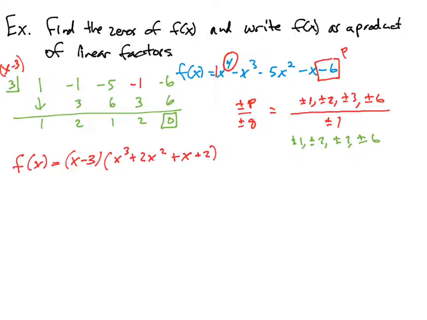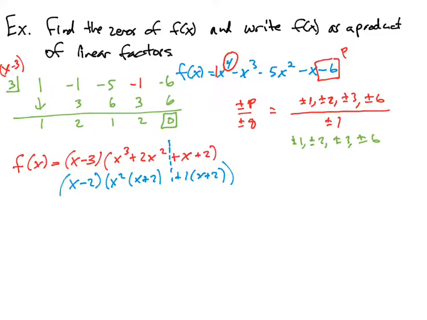Now, I could go through the synthetic division again, but we can check here to see if we can factor this second factor by grouping. So x squared, I'm left with x plus 2 plus 1, x plus 2. All right, that's good news.